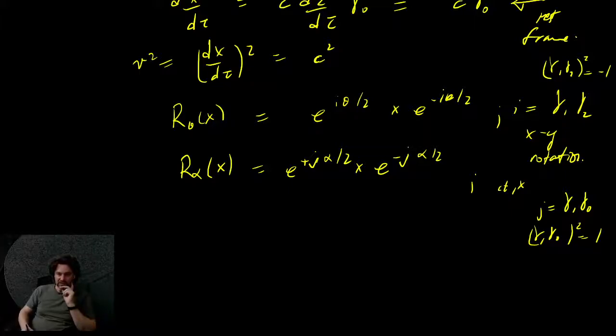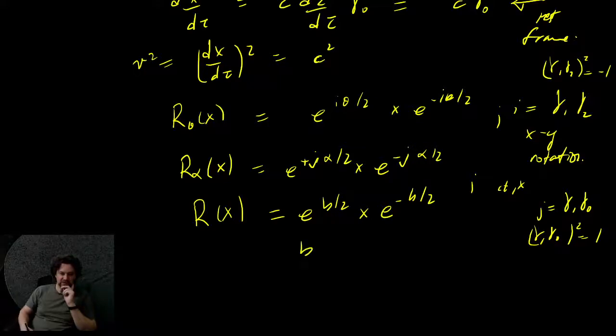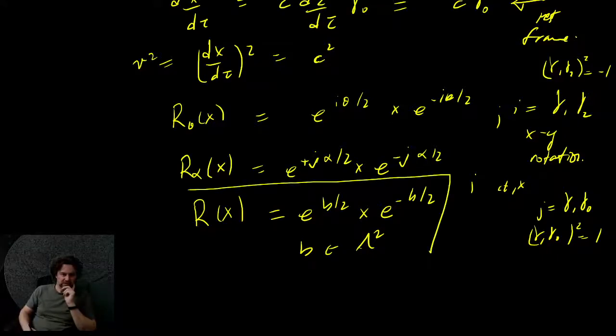But regardless of the form of this operation, we can say that some rotation x equals e to the b by 2 x e to the minus b by 2, where b is a bivector. So this is a general rotation in space and time.